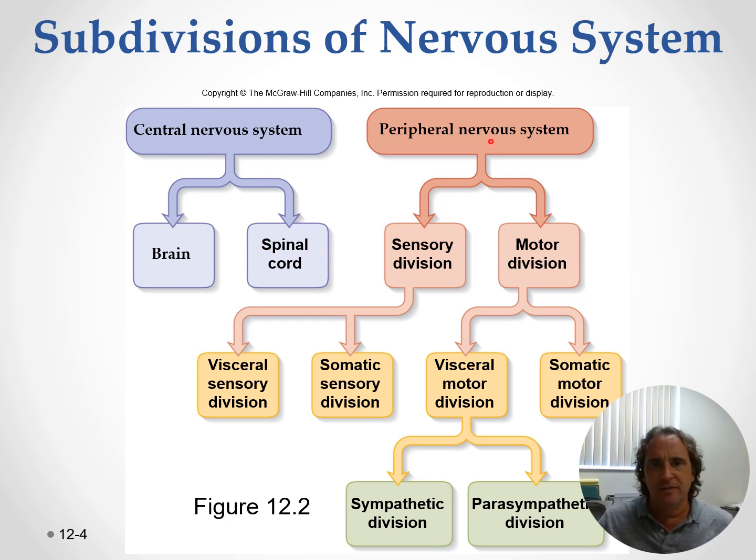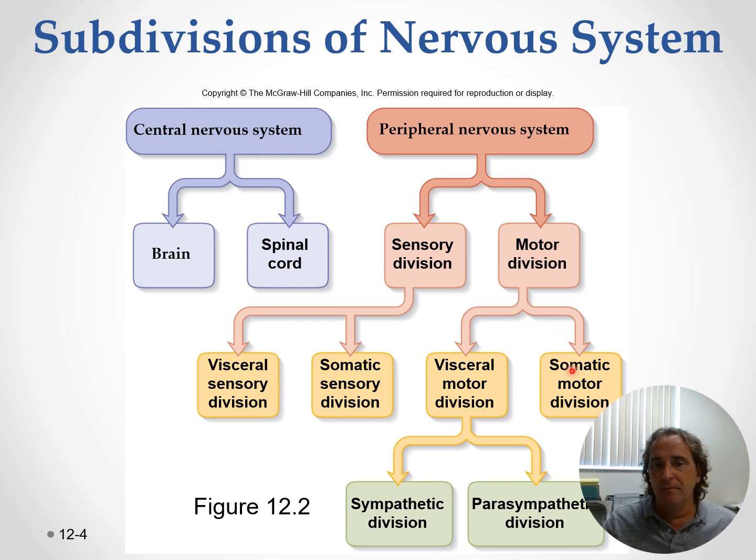But the peripheral nervous system is very, very complicated in lecture and in lab. So let's spend some time with it. You have the sensory division, and the motor division with visceral and somatic parts. The interesting thing about the sensory division is that it's bringing information into your body, in toward the central nervous system, about feelings and the outside environment.